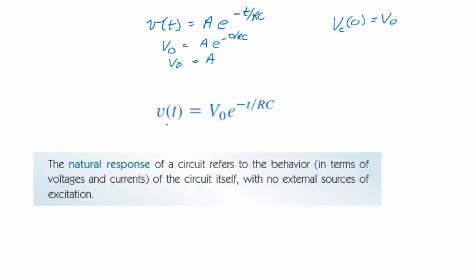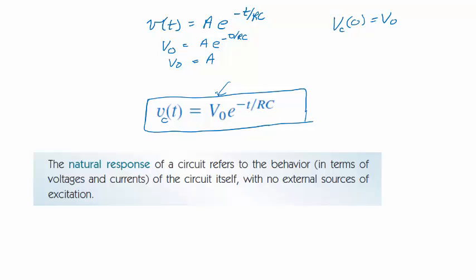So the net result is that we get the equation for what voltage is doing as a function of time in this circuit. This is called the natural response of a circuit, because it refers to the behavior of the circuit in terms of voltages and currents with no external sources or excitation. Keep in mind that this is the voltage in the capacitor, and the voltage in the resistor for that matter.